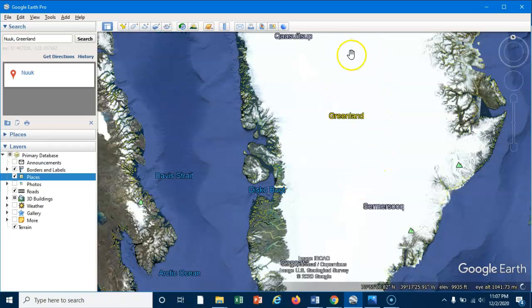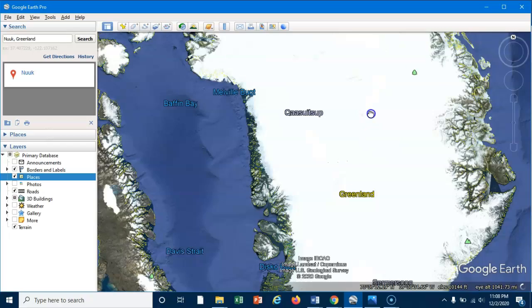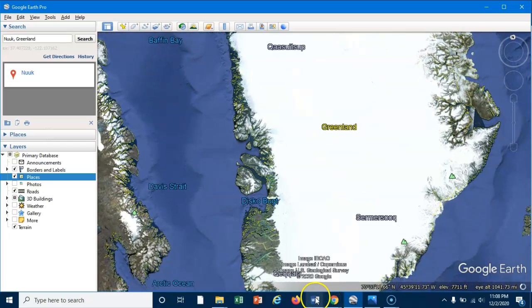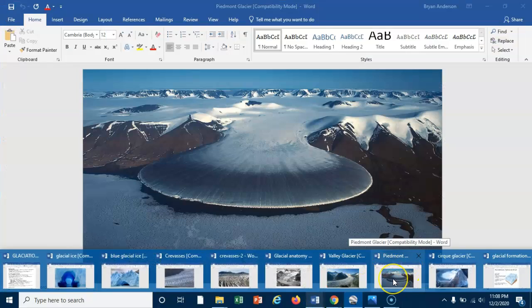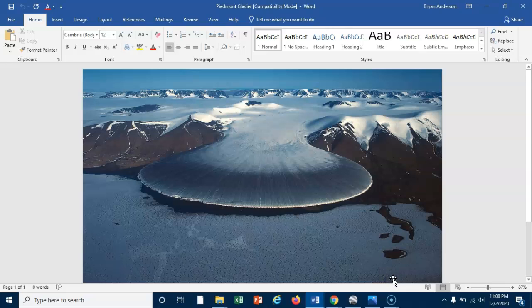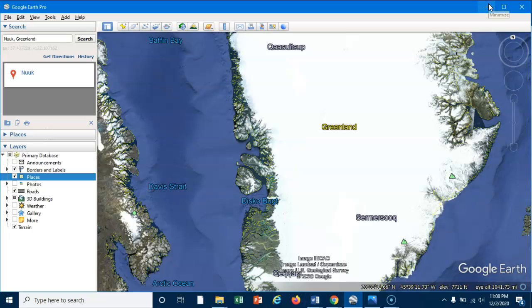There's a central zone of accumulation in Greenland and Antarctica, and the ice kind of flows out in all directions from it. Greenland is kind of hemmed in by a coastal mountain range, and so you get these classic looks like this Piedmont Glacier here, or Tidewater Glacier, that's kind of oozing out from between the mountain ranges, and kind of shows you what's going on in these large land masses.